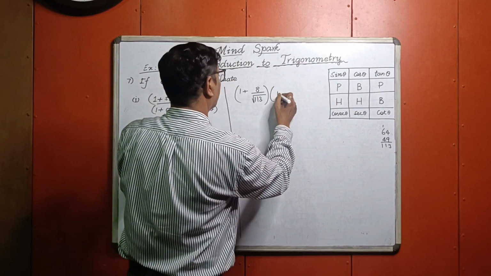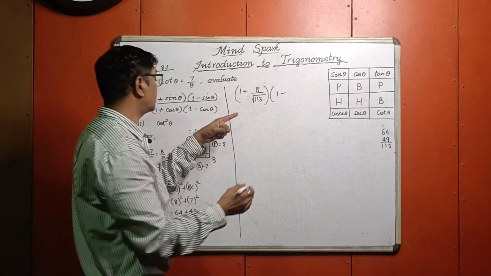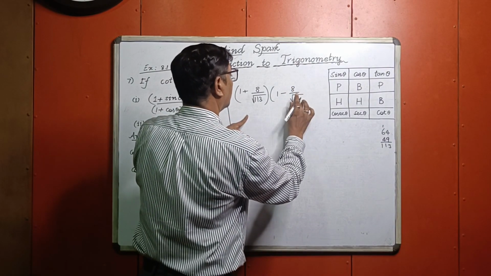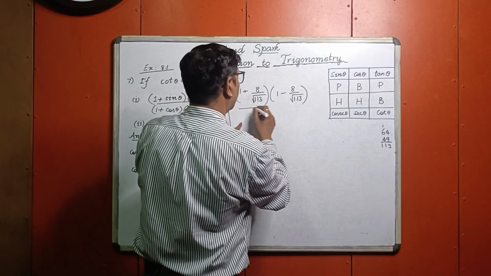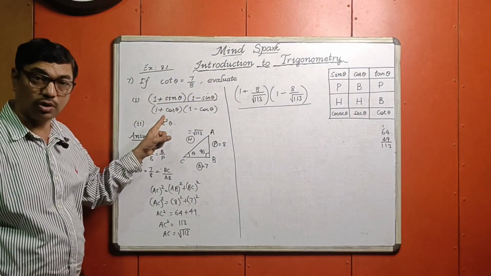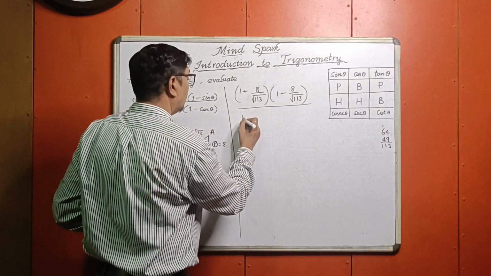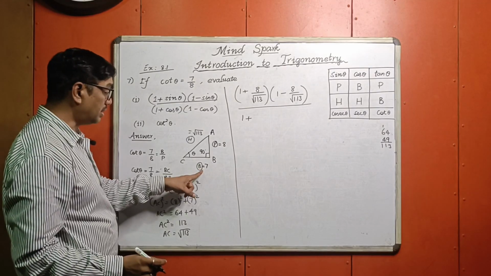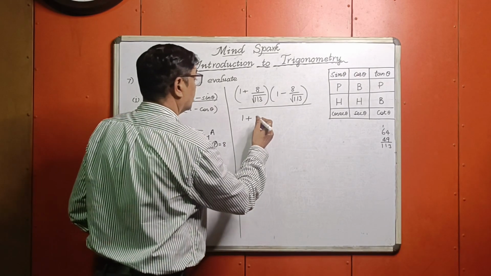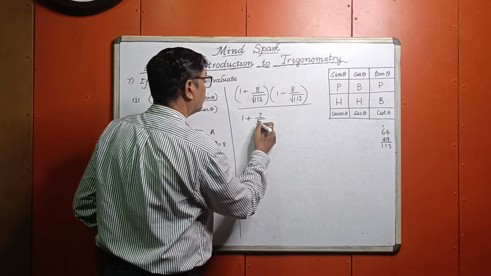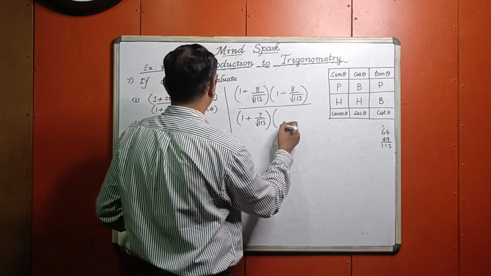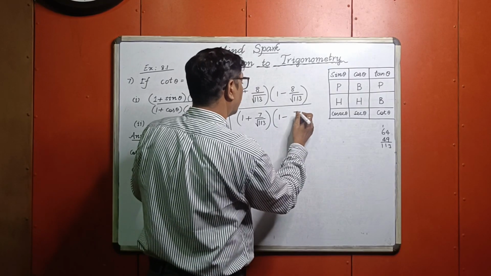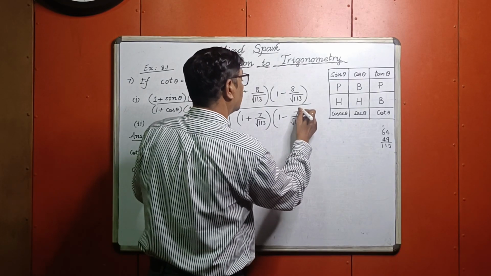So in place of sin theta, you write 8 by square root of 113. Then divided by 1 plus cos theta. What is cos theta? Cos theta is base by hypotenuse, so 7 by root of 113. Into the same with 1 minus: if minus is there, you write minus, so 7 by root of 113.